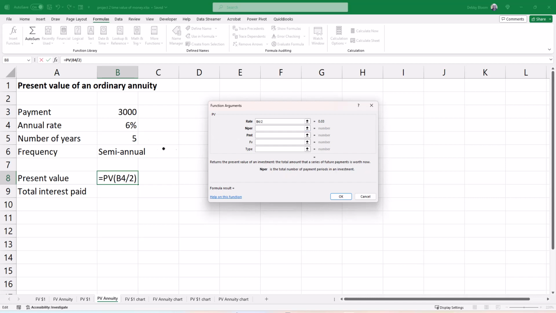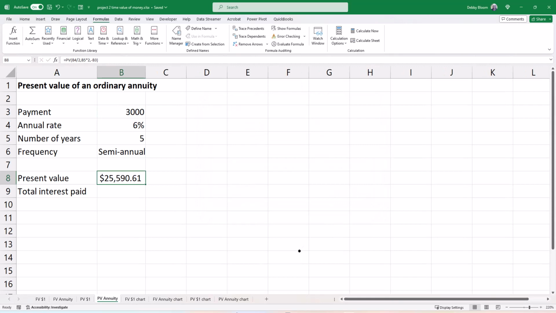In my NPER, I'm going to take the number of years and multiply it by 2. If you do something 2 times a year over 5 years, you're going to do it 10 times total. Now this is an annuity, so the payment is every 6 months. So in the PMT box, negative, and then click on the 3,000. We click OK.